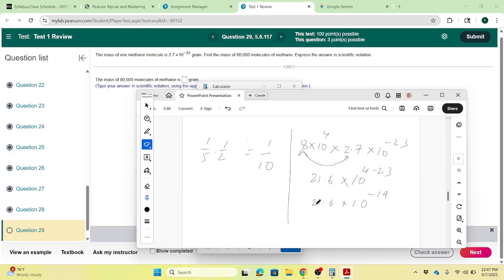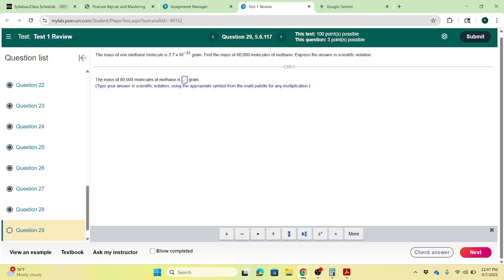So still it's not scientific notation, because there is a 21 which is greater than 10. So we move this decimal 1 place here, and because of that we can add 1 to the exponent. That will give you -18, because -19 plus 1 is -18. So the answer would be 2.16 times 10 to the power -18.